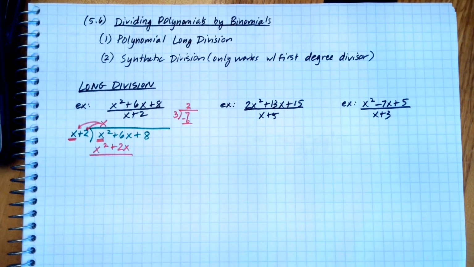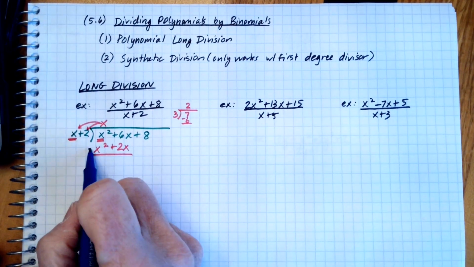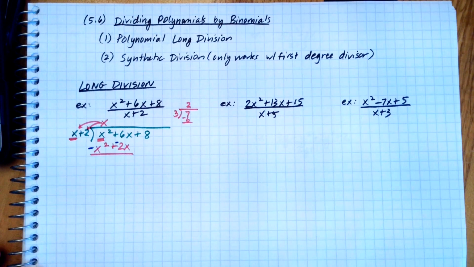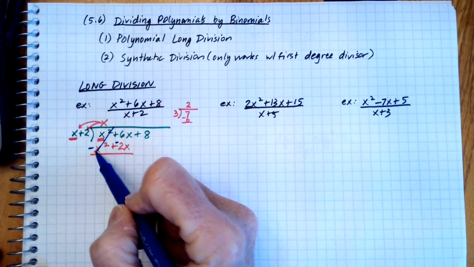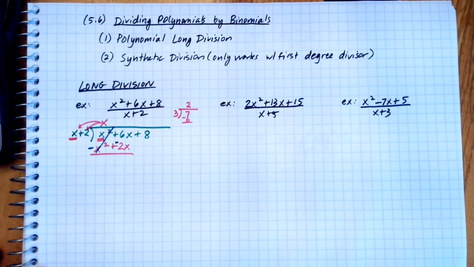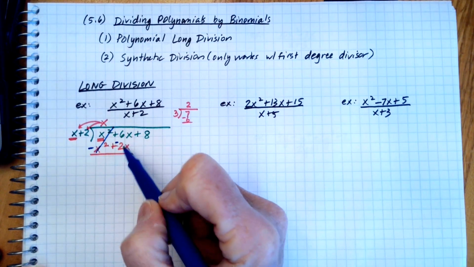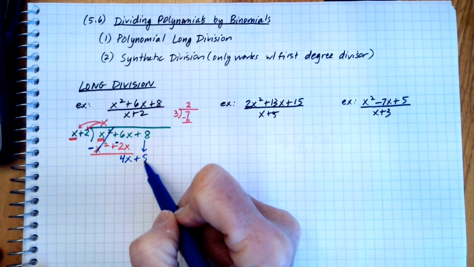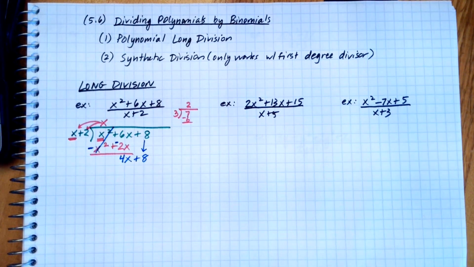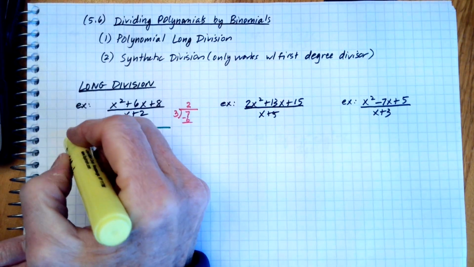Now here's the tricky part. I'm going to change the signs to their opposite here, and then I'm going to combine. So x squared minus x squared cancels out, which is what we're planning to do. 6x minus 2x is 4x, and I drag the 8 down. So now I'm going to try to put the x into the 4x.